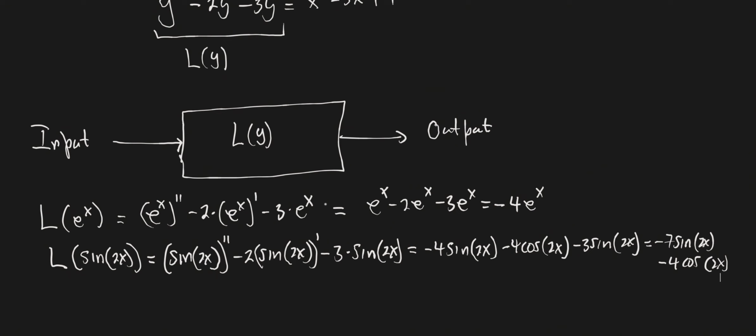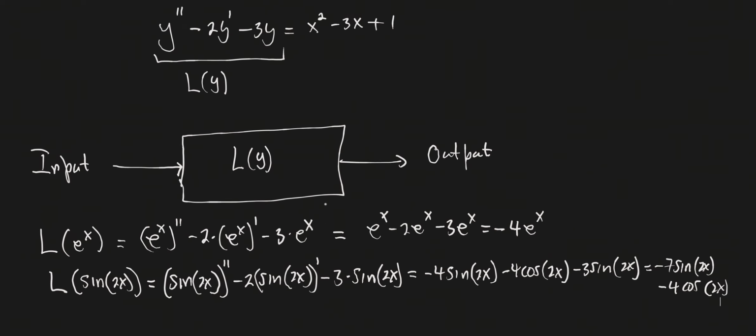Going back to my original problem, in trying to find what type of function I could plug into this left-hand side in order to get a polynomial like this, clearly I couldn't plug something like e to the x in and hope to get a polynomial out.